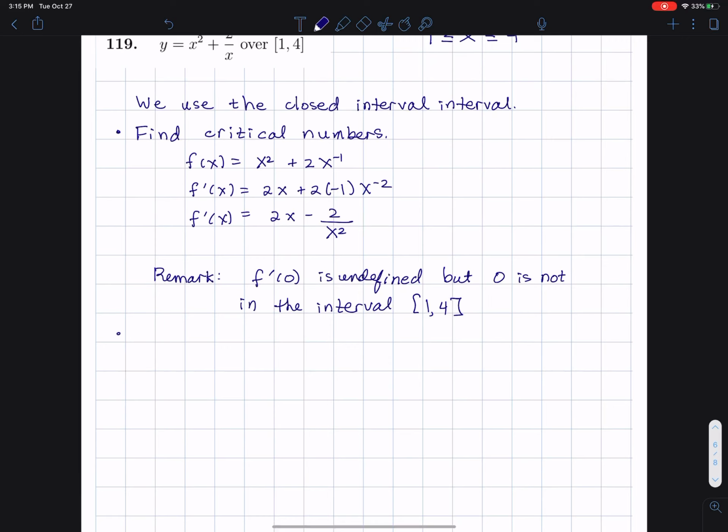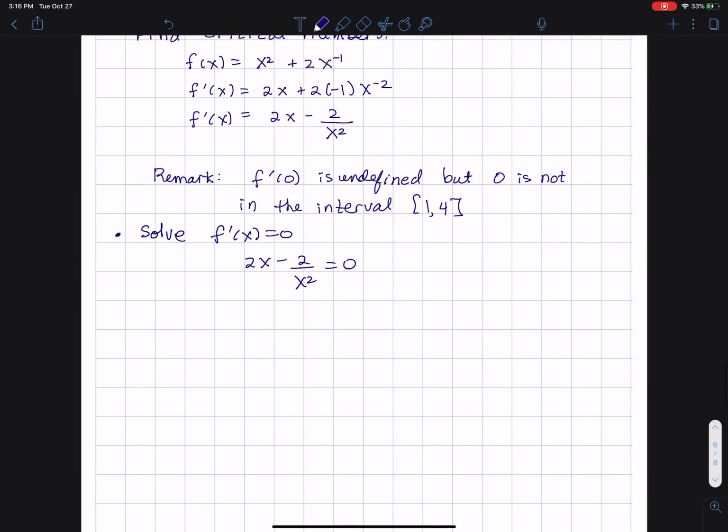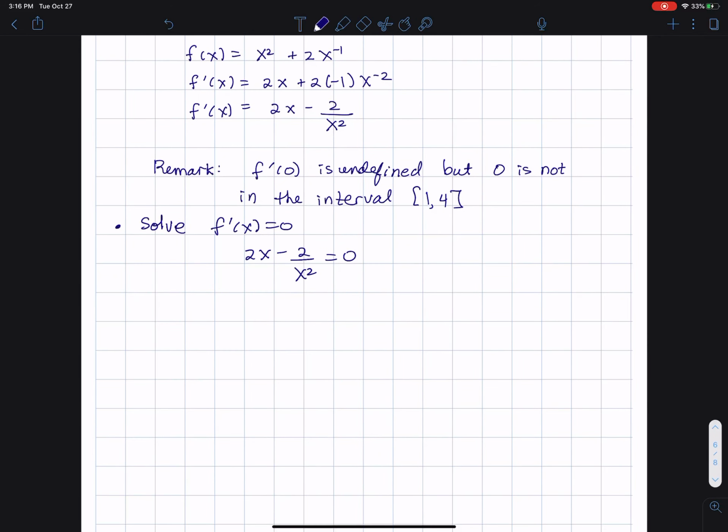And now what we're going to do is we're going to solve f prime of x equals 0. So we have 2x minus 2 over x squared equals 0, because that's the derivative. We can find a common denominator. And by the way, this isn't the only approach to do this, and someone might say, no, I don't do it this way.